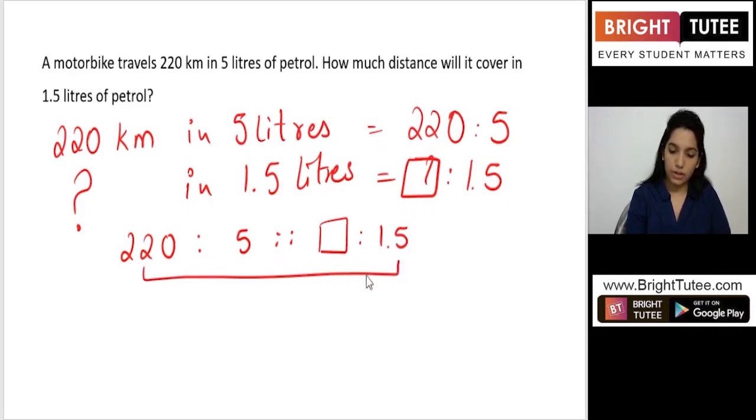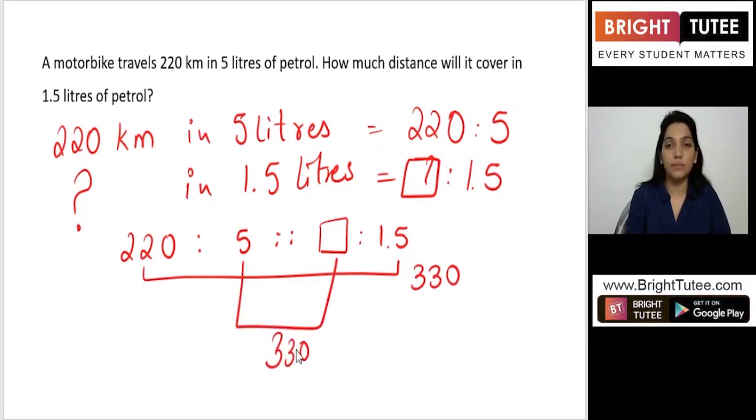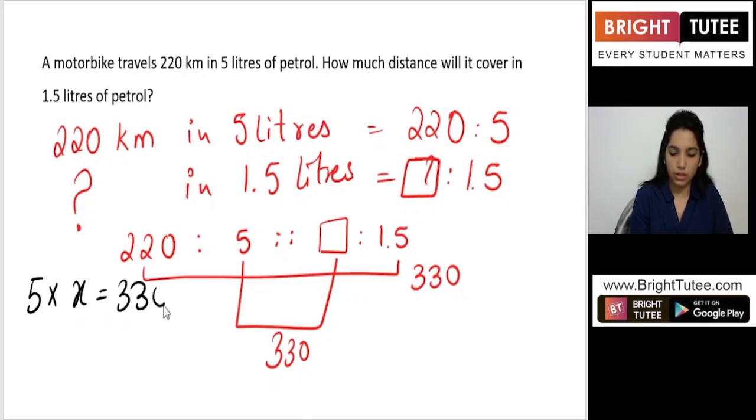So 220 multiplied by 1.5 gives the answer 330. And 5 times what number, say x, is equal to 330?